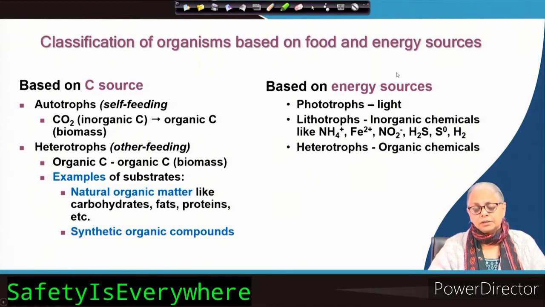If we look at the energy sources that microorganisms can utilize, there are three different types. The first is phototrophs. Phototrophs utilize light and convert it to chemical energy in the form of compounds. Lithotrophs are not dependent on light.